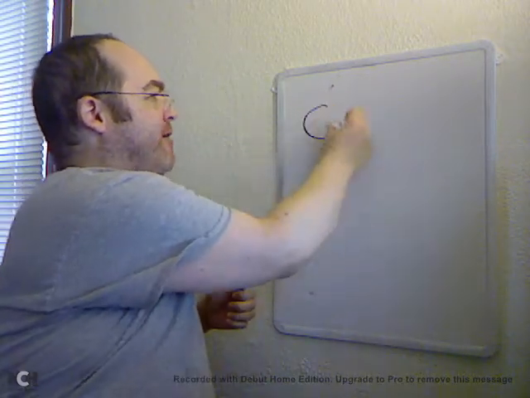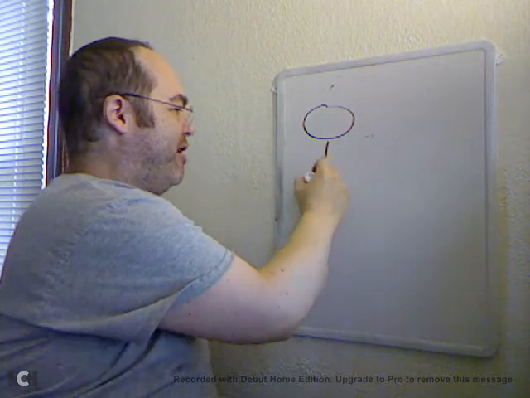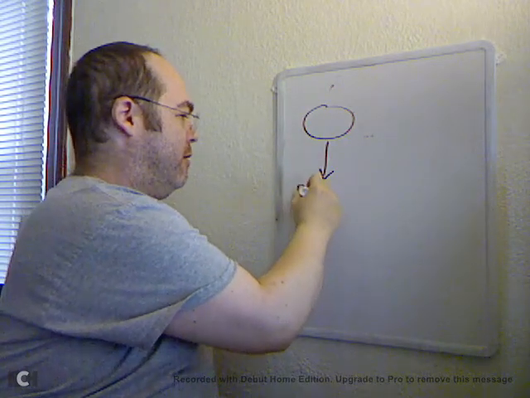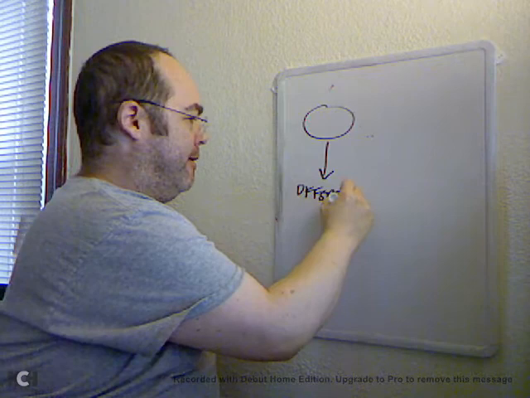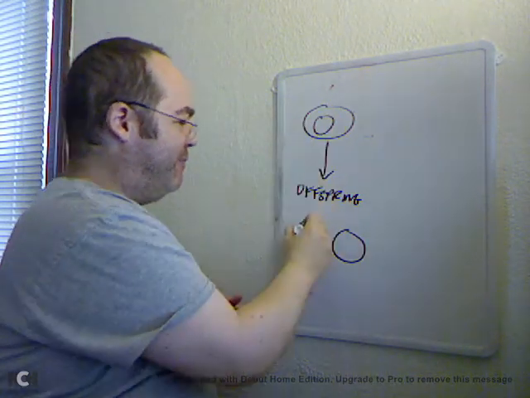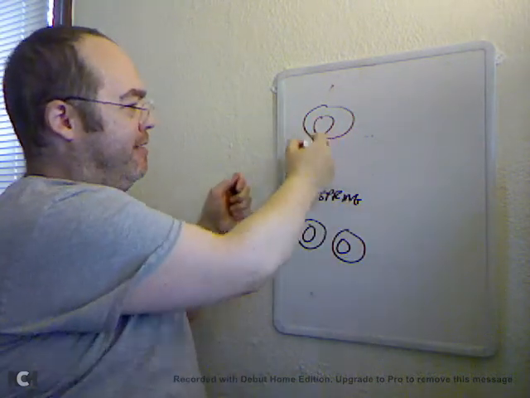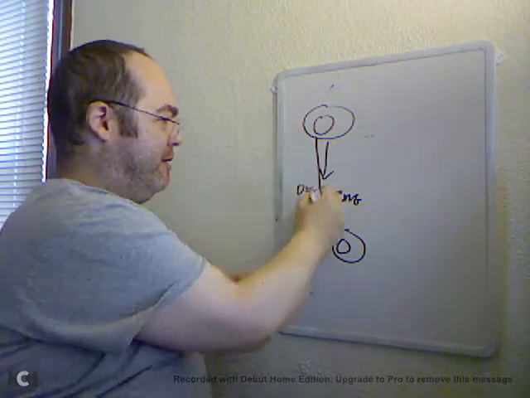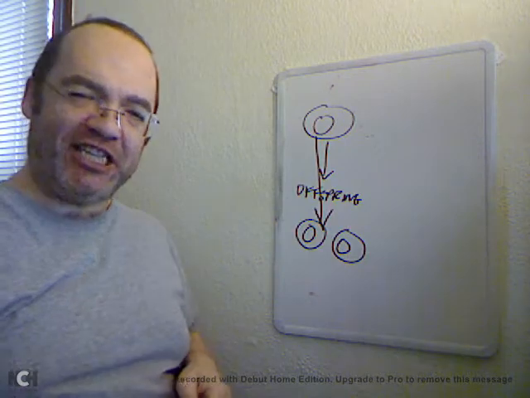Because we can have a bacteria that has offspring, and that bacteria can pass on its DNA to its offspring. That is vertical gene transfer.